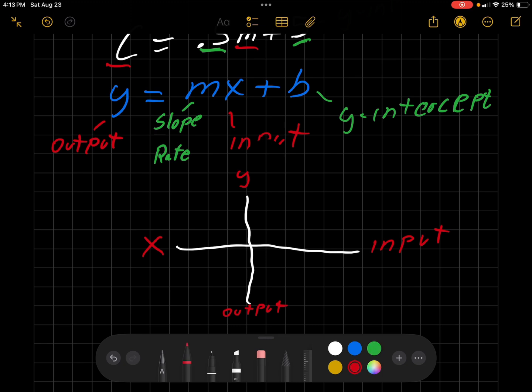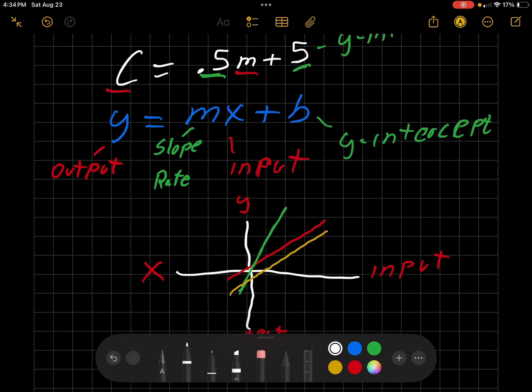So the more we drive, the higher our cost would be. And the higher the rate, the higher the slope, the steeper that line is going to be, right? If I find a cheaper company, that means the cost is going to go up at a slower rate as I drive forward.